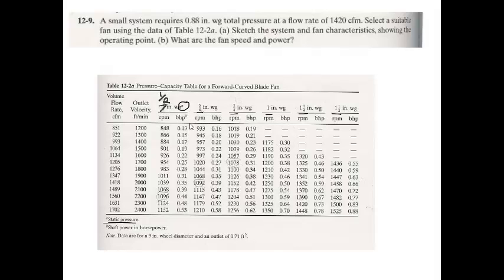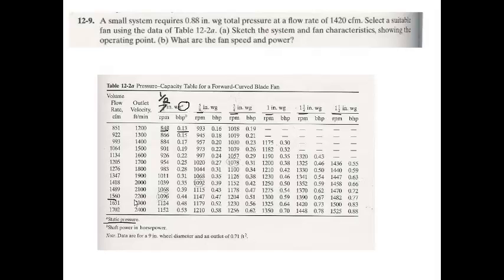And then if you look over here, for the different static pressures, we have a certain amount of RPM that's needed in order to overcome the static pressure. So we have RPM and then the associated power for that particular RPM. For example, let's look at 1560 CFM.